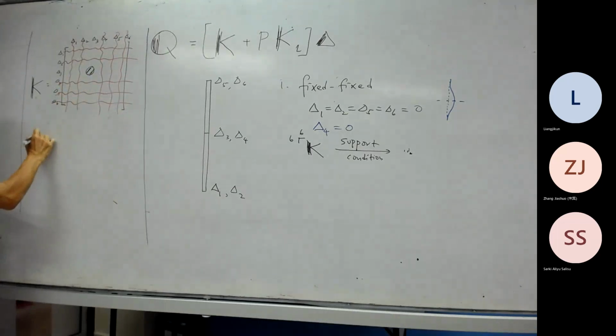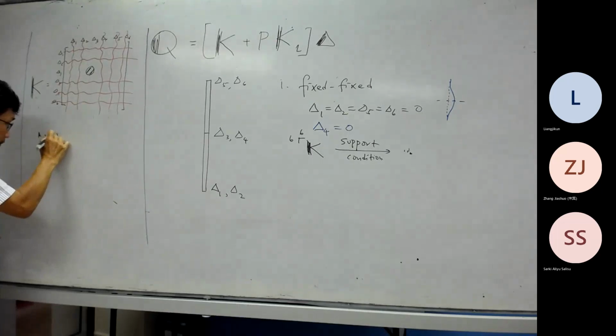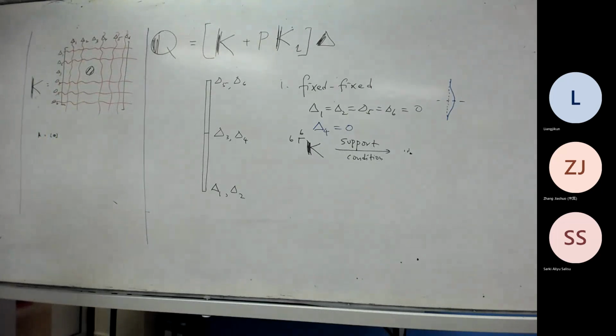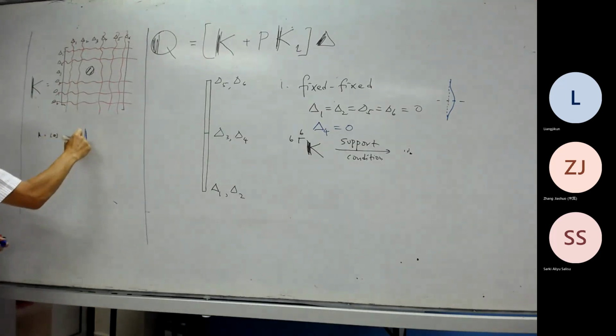So the small K becomes big. The big one becomes like this. Maybe the other side cannot see, so let me make it a bit bigger like this.